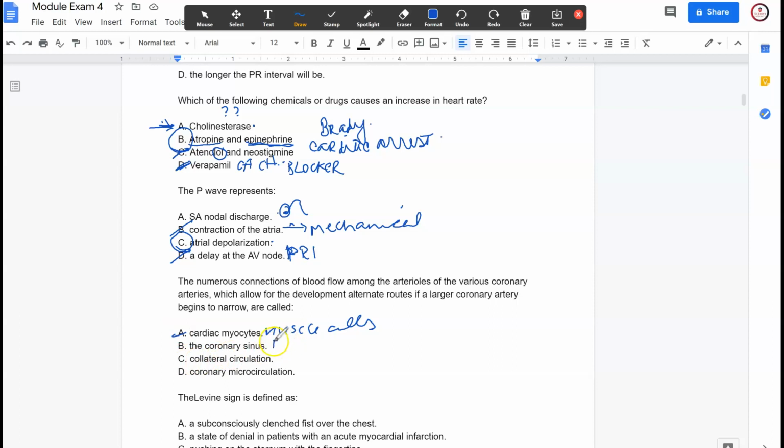The coronary sinus is where deoxygenated blood comes back before it goes into the right side of the heart. Coronary microcirculation might have thrown people for a loop, but the best answer here is collateral circulation.